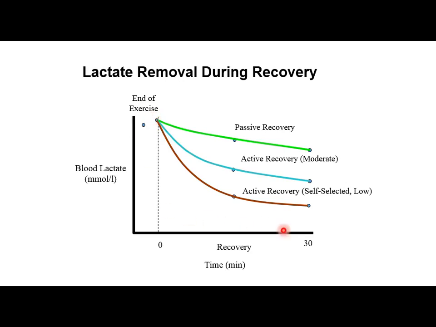And you can see that the low intensity is even better than moderate intensity. So moderate intensity, there's probably still a little bit too much contraction going on. With low intensity, the mitochondria are on just enough to metabolize optimal amounts of lactate. Right?